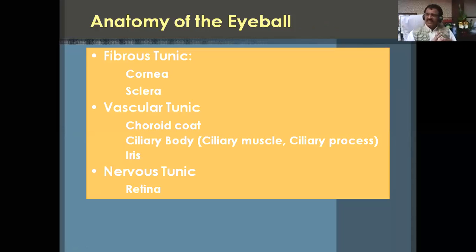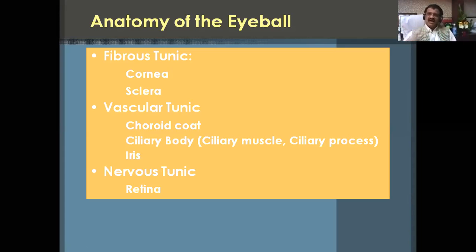By this time you know the external anatomy of the eye, you know the lacrimal apparatus. Now we have to go a little inside and study the full anatomy of the eyeball. This is the internal eyeball. It has three coats, or three tunics.